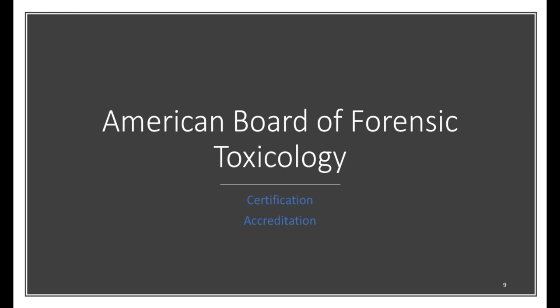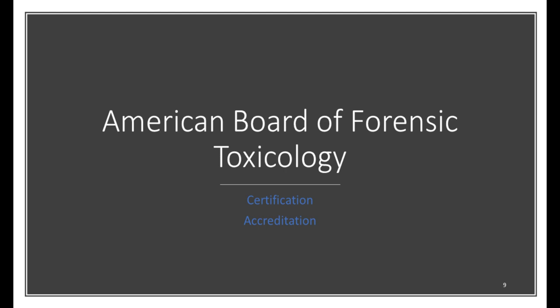The American Board of Forensic Toxicology's objectives of the accreditation program are to establish, enhance, and maintain standards of qualification for those laboratories that practice postmortem forensic toxicology or human performance toxicology. They accredit these qualified laboratories to comply with the requirements of the board.